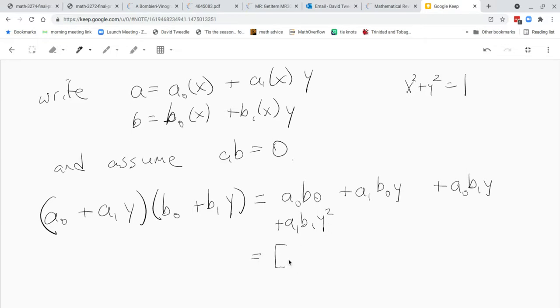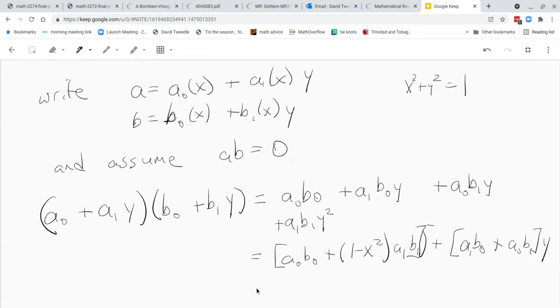So A0 B0 plus (1 minus X squared) A1 B1, and then plus (A1 B0 plus A0 B1) times Y. Now this is 0, so let's set it equal to 0 plus 0 times Y.